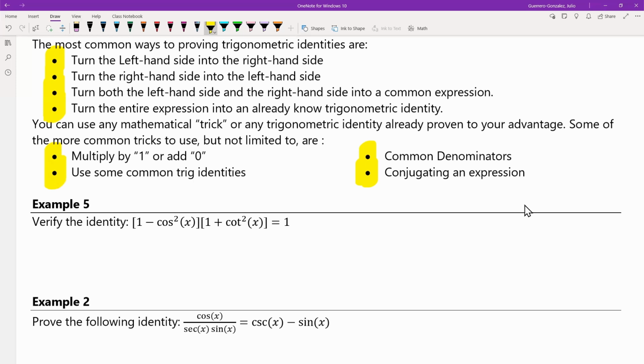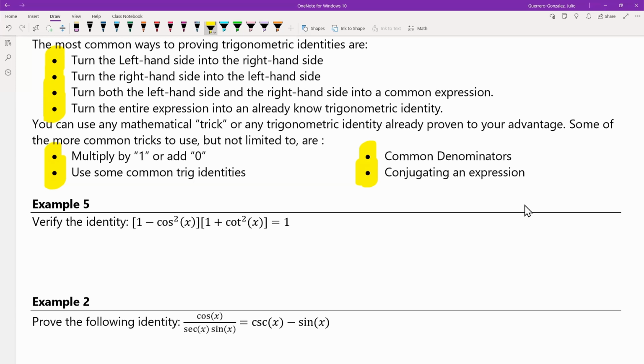The thing that I really want to impose on everybody here is this. The idea behind proving a trigonometric identity is that we are now looking at your arguments. The mathematical process of proving something is now secondary to your logic.